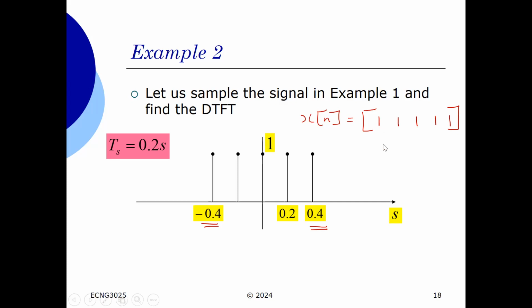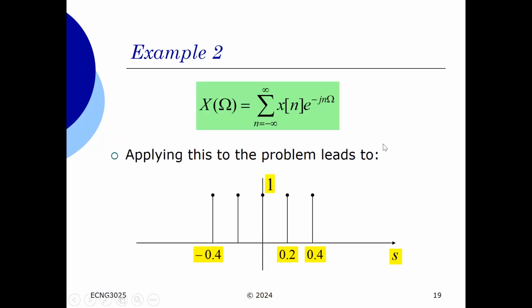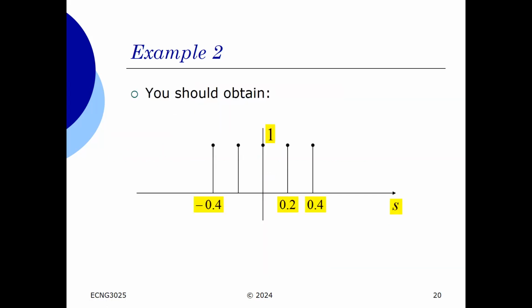Let's see what happens. I now plug that into my equation for the discrete time Fourier transform, the DTFT. I'm going to sum over the sample values. Remember this is n here. This is sample minus 2, minus 1, 0, 1, and 2.